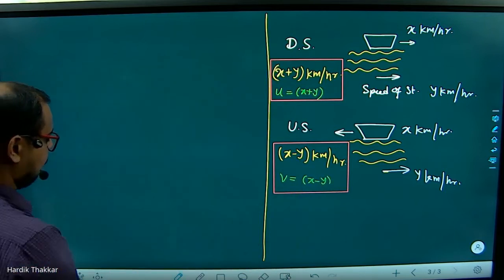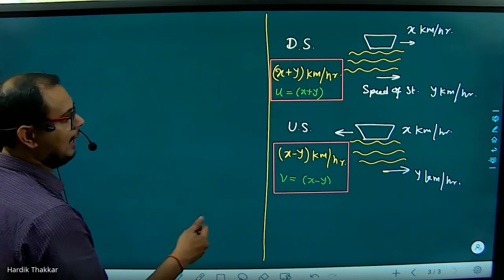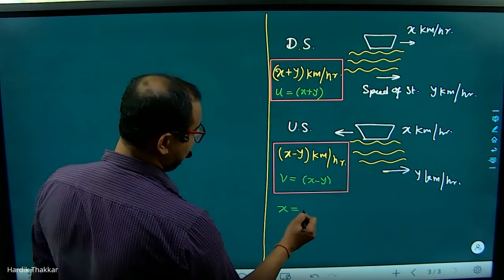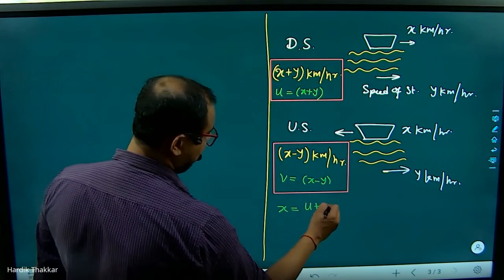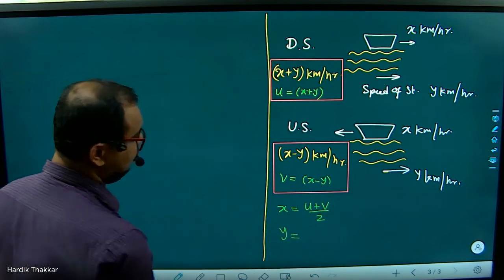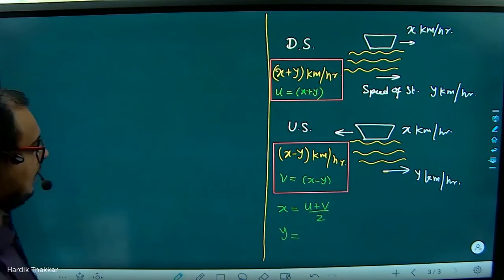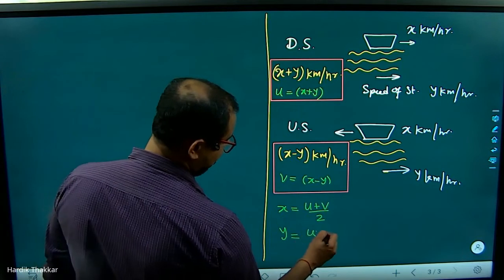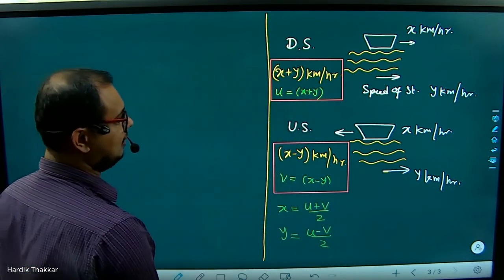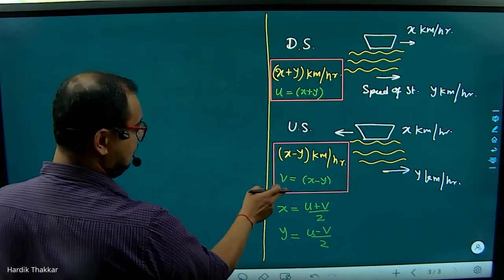Now, if you want to find x and y, and if u and v are given, then simply x is equal to (u plus v) by 2. And if you want to find y when u and v are given, then it will be simply (u minus v) by 2. You can simply apply the elimination method in these two equations.